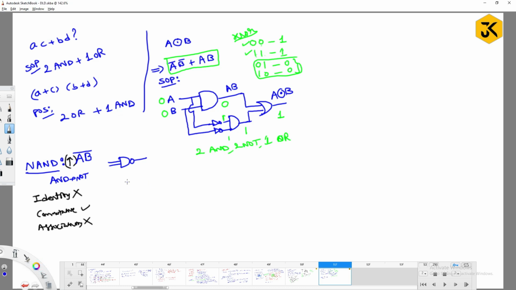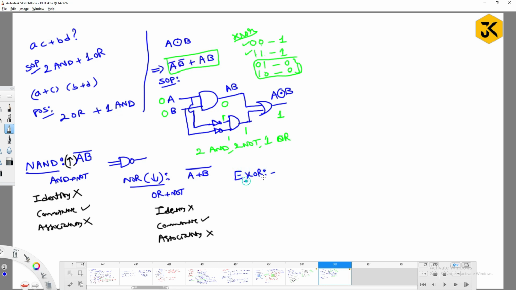Similarly, we have the NOR gate, which I can represent like this. NOR means A plus B whole complement, meaning OR plus NOT, which also does not support the identity property, it supports the commutative property, and it is not associative. Similarly, the remaining operators I'm going to write here are XOR and XNOR.